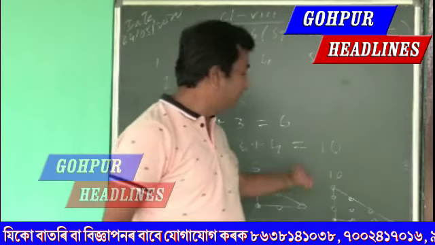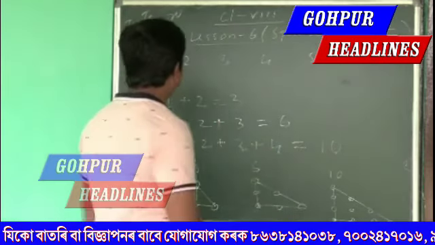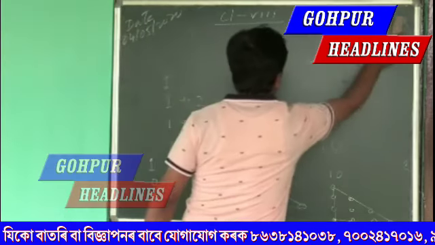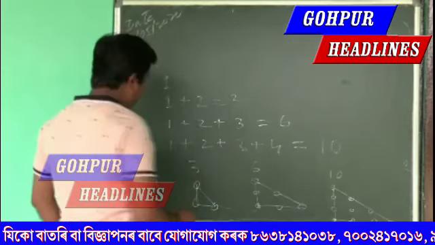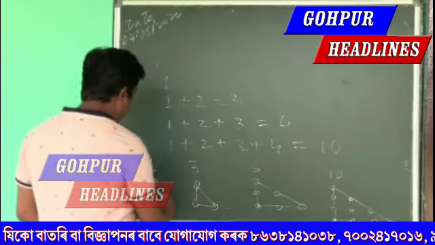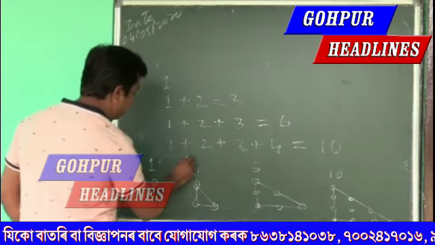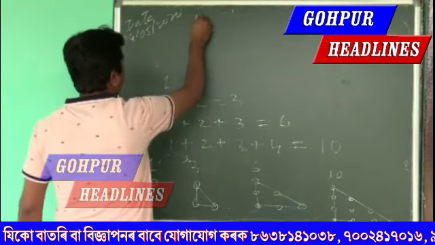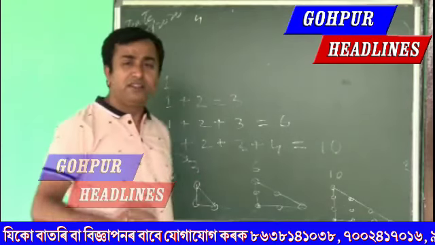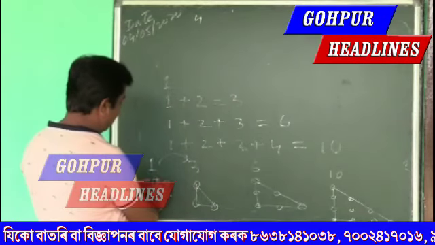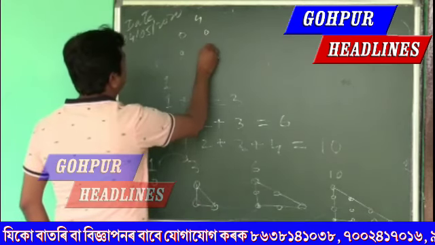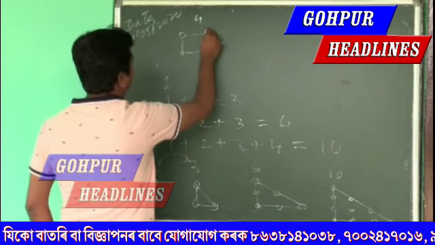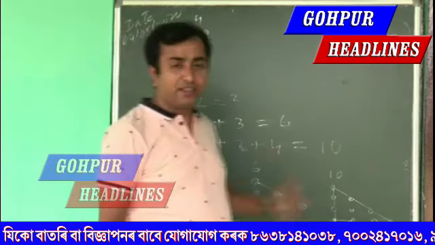Now what is to be done with the triangular numbers? Let me explain again. If we add these two numbers, 3 plus 1, we'll get 4. Then when you place this dot here, we'll get a square.